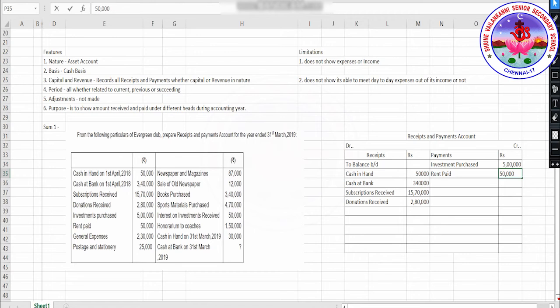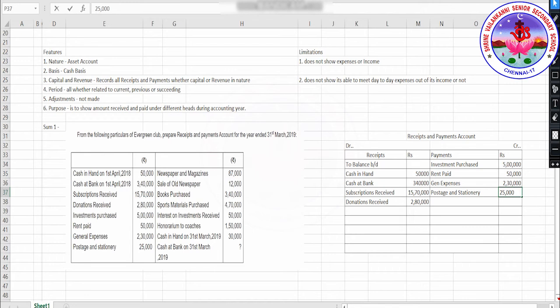Then general expenses is an expense, so it is a payment. General expenses is 2,30,000. Postage and stationery is again a payment. It is 25,000.